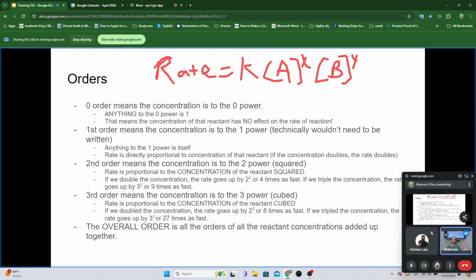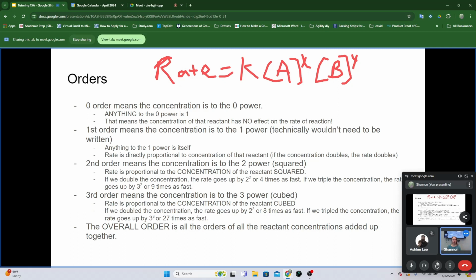If A is to the 1 power, that means that the rate will increase very directly by what the concentration is. So if the concentration doubles, the rate's going to double, right? If the concentration of A changed from 1 molar to 2 molar, the rate's going to double, okay? If it tripled, then the rate would triple, right?